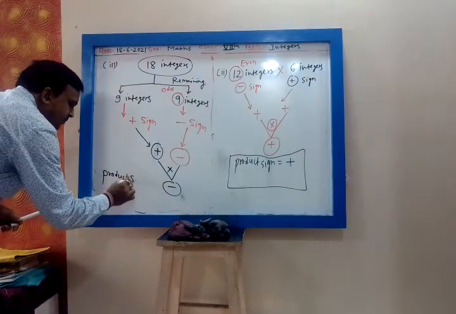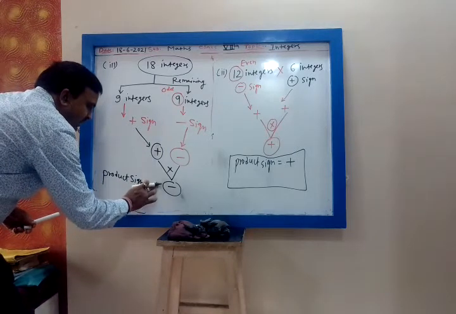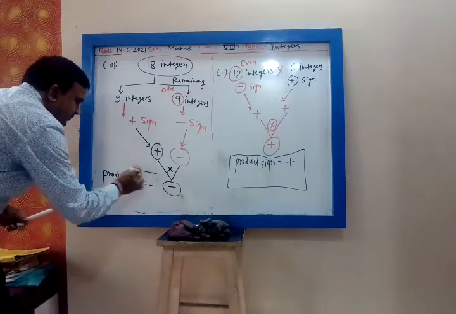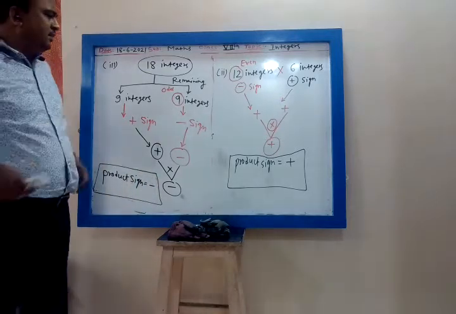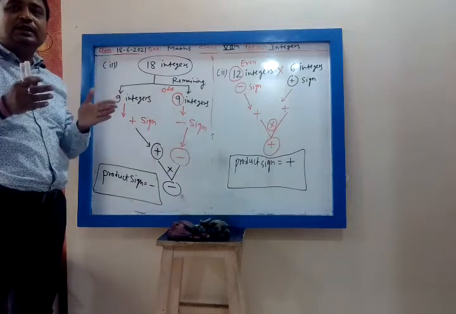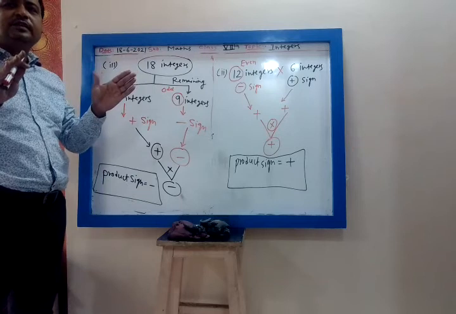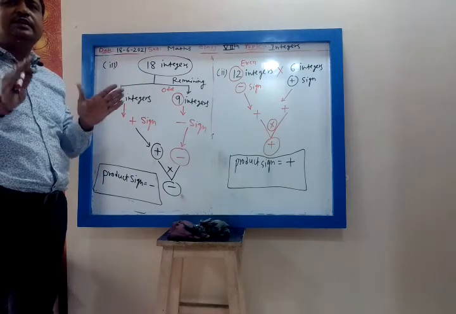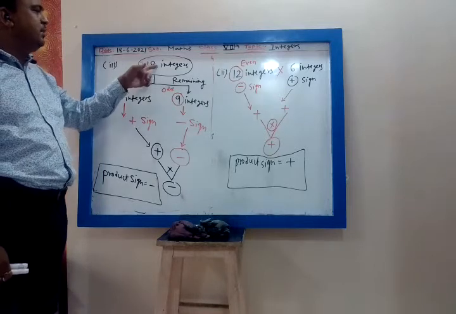My dear, it is given in the question. In the beginning it is given: total 18 integers are there. If 9 are positive, then from 18 you subtract 9.